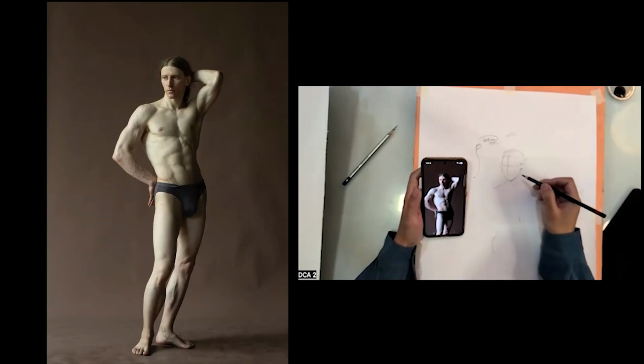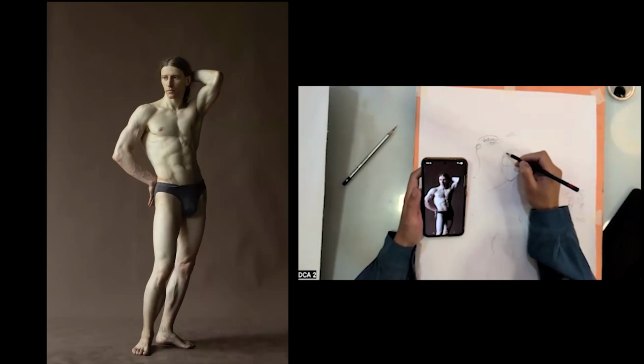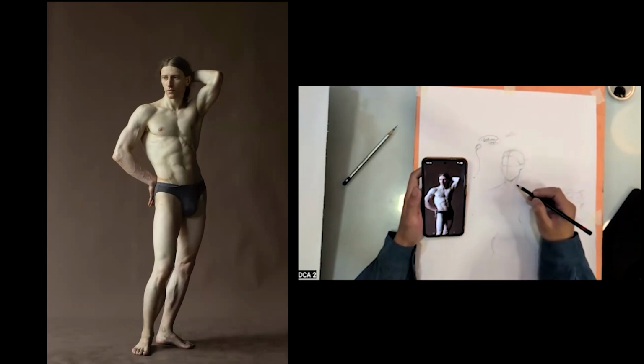I'm just focusing on the shape of my model. I'm not looking at the values, which means which place is darker, which place is lighter. I'm not trying to focus on any of that, just the shape only.